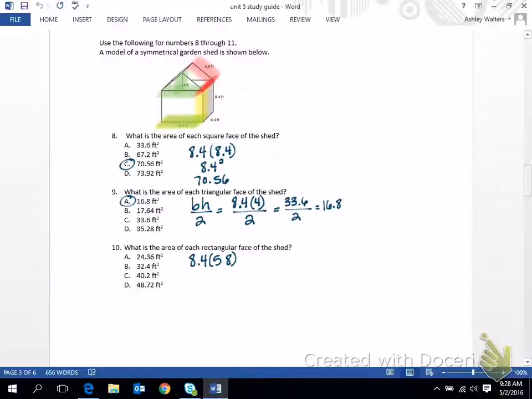And when you multiply 8.4 times 5.8, you get 48.72. Which is D.